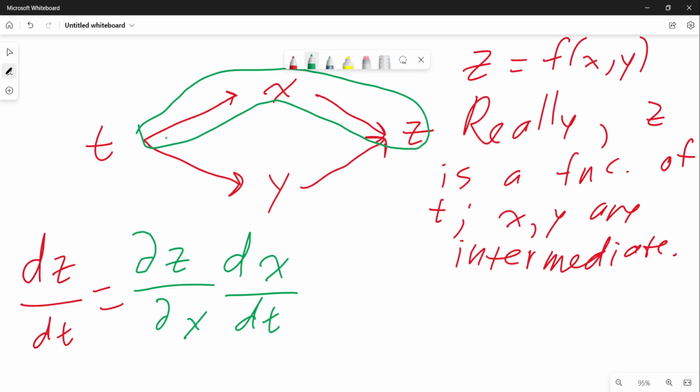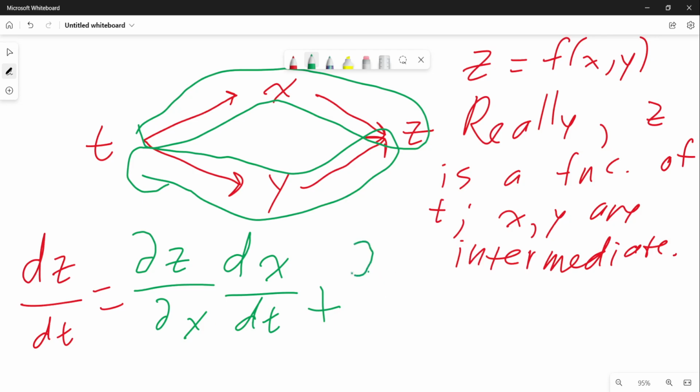Then we say, okay, let's look at the other path down here. Again, using the basic chain rule from calculus 1, we'd have del z over del y. Using the partial for y means we can ignore the x at this step, times dy over dt.